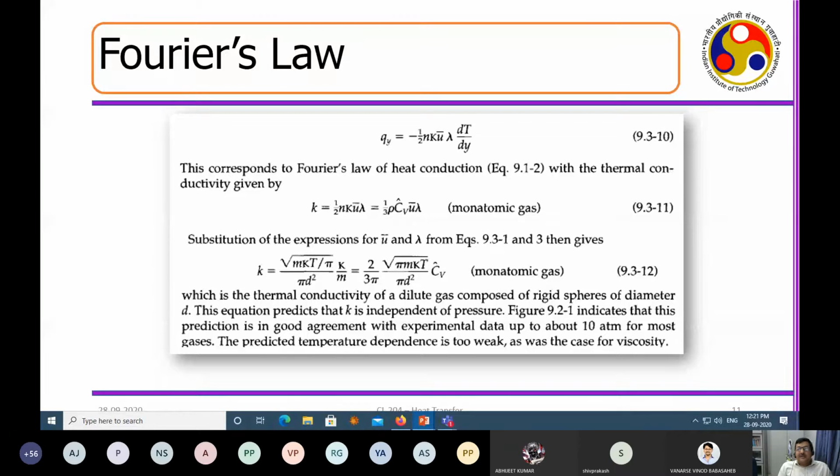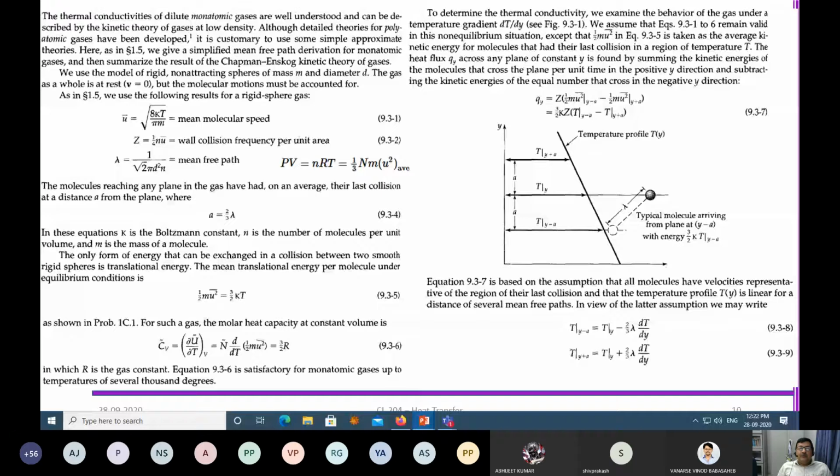These two slides are given to you just to give you the idea of what other fundamental properties this particular parameter can depend on. These two slides are taken from Bird, Stewart, Lightfoot. Transport Phenomena is a beautiful book.